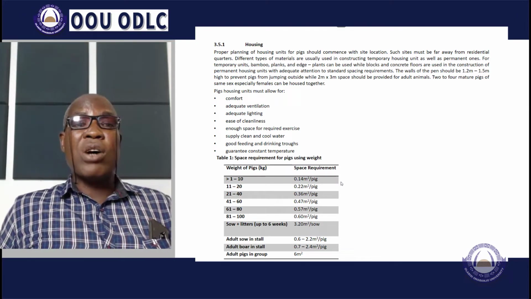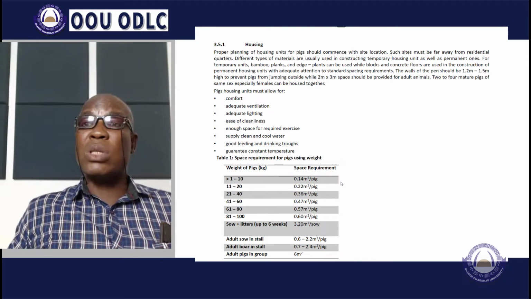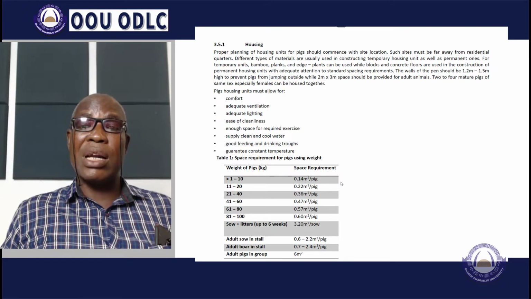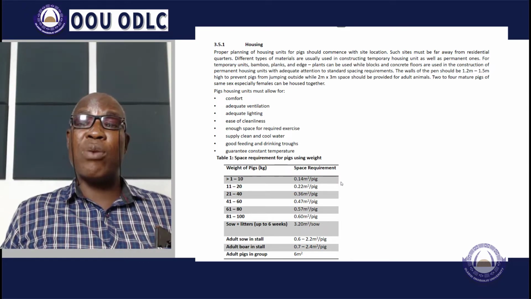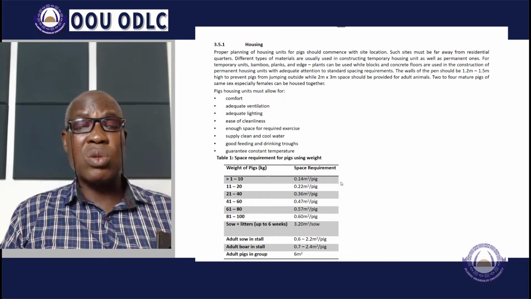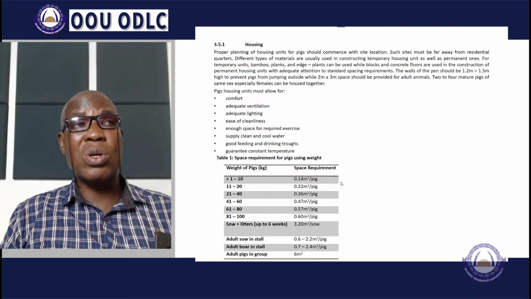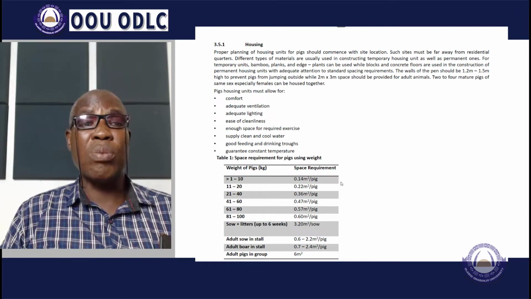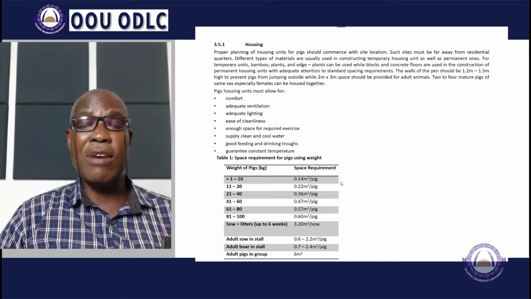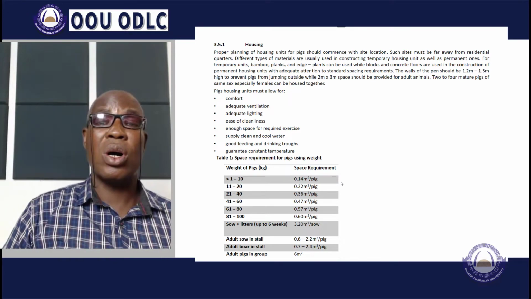Housing. Proper planning of housing units for pigs should commence with site location. It is very important that you have a site that you are going to rear your animals, and such sites must be far away from residential quarters or hospitals. If it is not far away, you are going to have problems in future, because people around you will start complaining about effluent and odor.